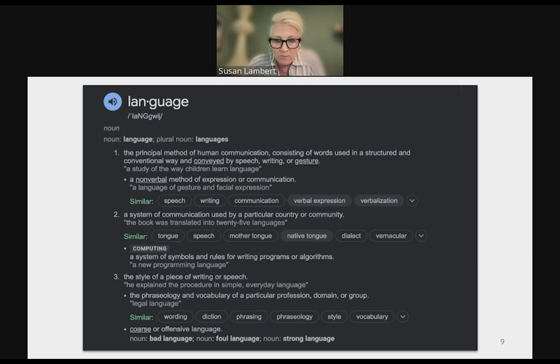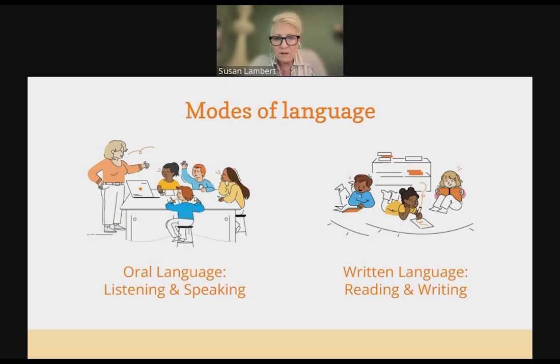Definition number 2 talks about symbols and rules for writing programs or algorithms. So language is not just what we read in a book, but it's also what we think of when we think of technology and learning how to code, right? And so language is really a very broad topic, and also very important to developing as informed people and citizens and humans.